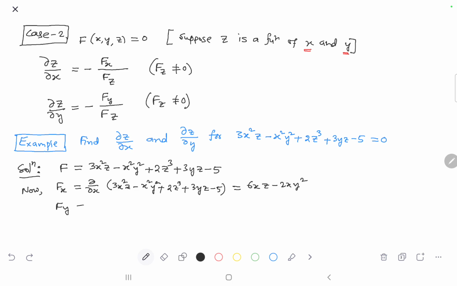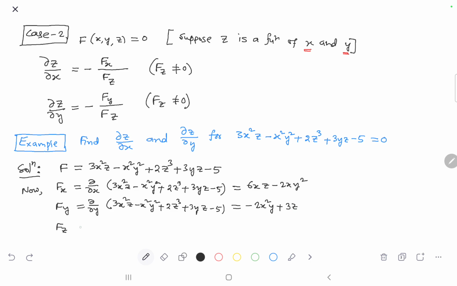So f of y is what? Del y of this expression. With respect to y, what should we get? Now x and g are constant: minus 2x square y plus 3g.